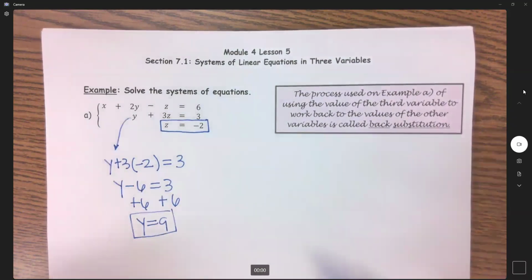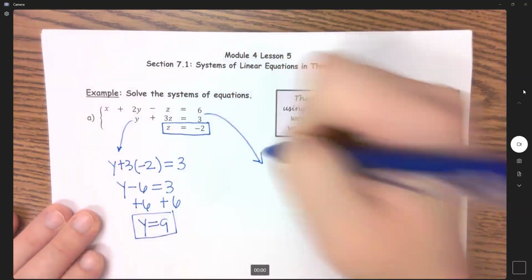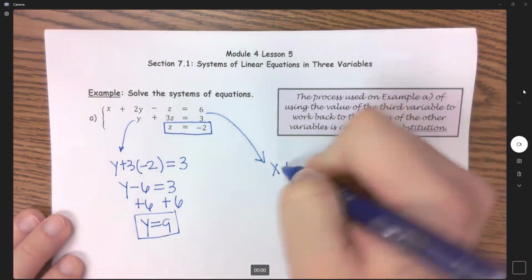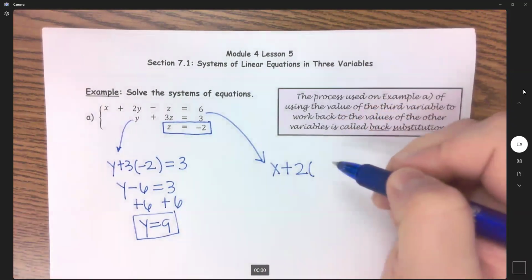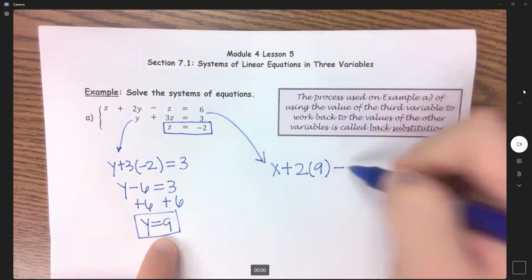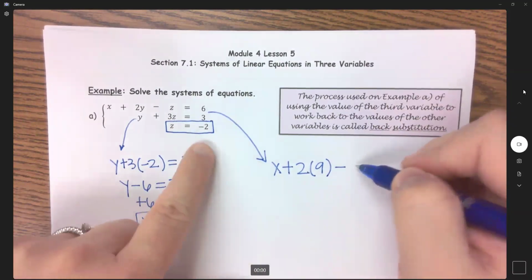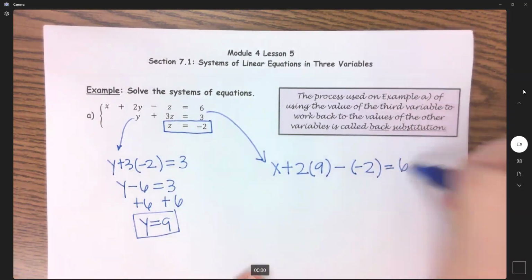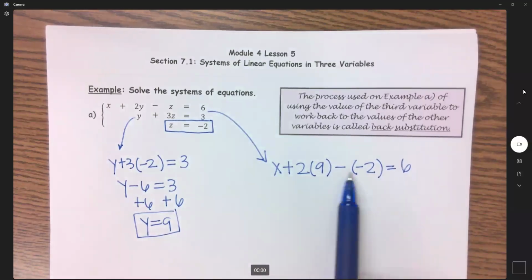Now I can use this top equation here to get my x. So that top equation is now x plus 2 times y, which is 9, minus z, which is -2, and that's going to equal 6. So be careful here.